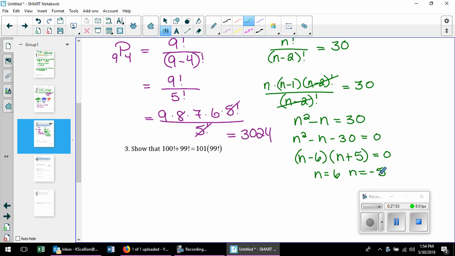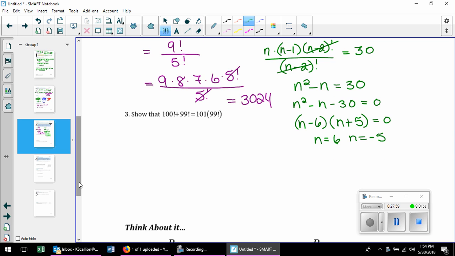I've got some problems. I can't have 2 values. How come? Well, what did n represent? The total number of things in the set. Exactly. Your n cannot be smaller than your r. n must be greater than your r value.